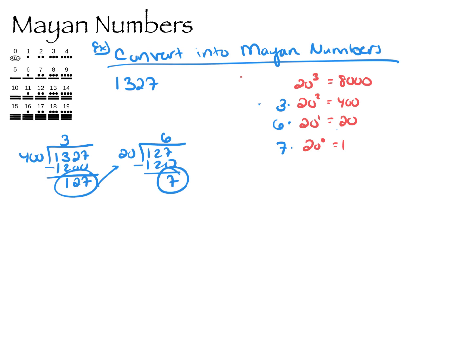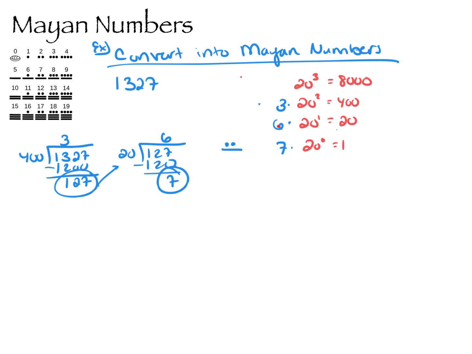Okay, so now what tells us how many 20s we have, their place value is bottom to top. So we have 7 1s. So on the bottom, we're going to write the Mayan number for 7, which would be 5 and 2 dots. And then above that tells me that I'm on the 20 to the first level.